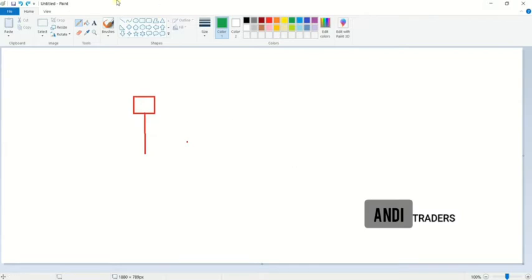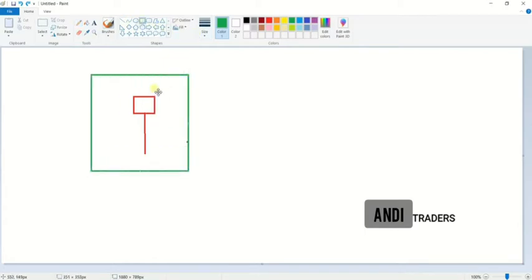So let me explain again. This candle is called a hammer candle. The psychology of this candle is the market will go down, but if we have any support level here near the closing point of this candle, the market will go up.